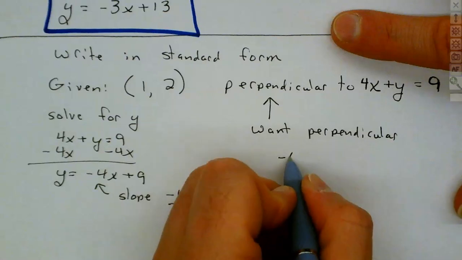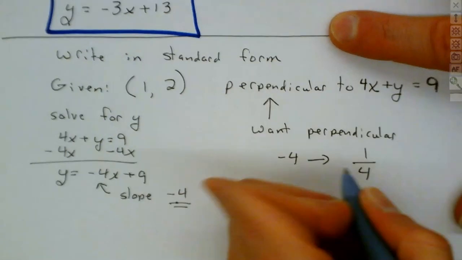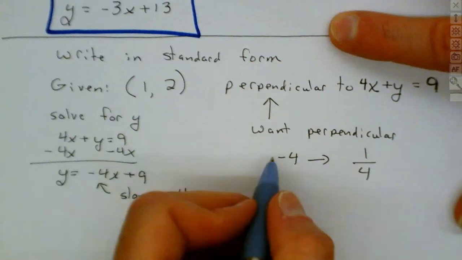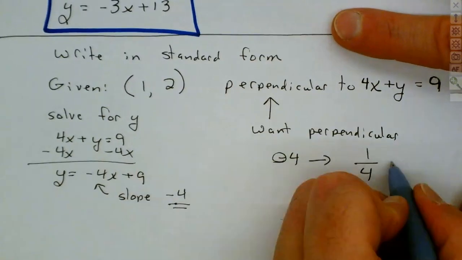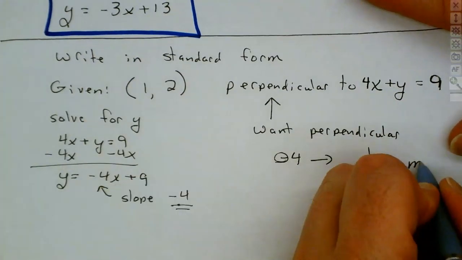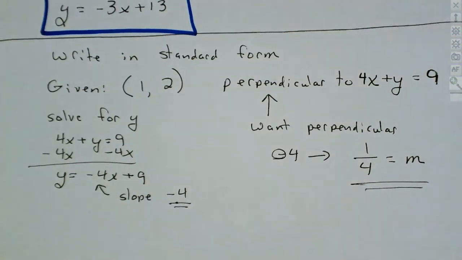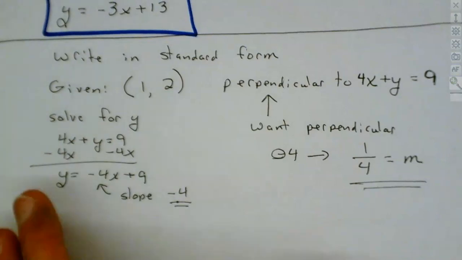So we take that negative 4 and we flip it over. So that makes it 1/4, and we change our sign. Right now it's negative, so that makes that positive, and we flip it over. So that becomes a positive 1/4. That is the slope that we're going to be using. So when we want perpendicular, we flip the fraction over, and we change our sign.